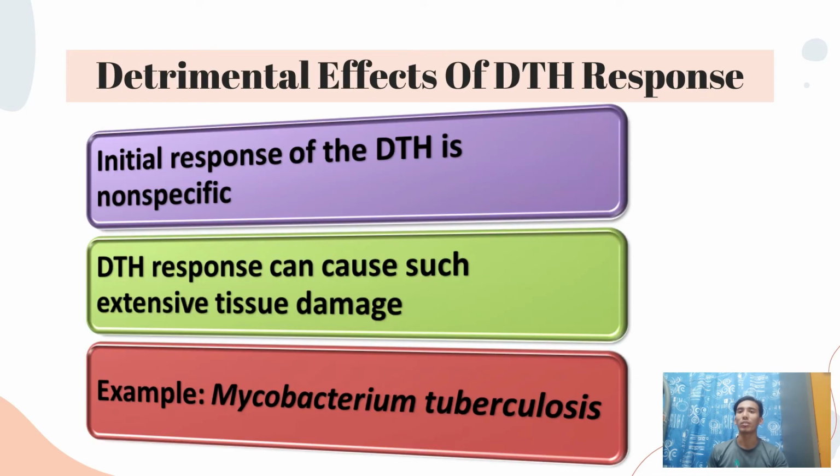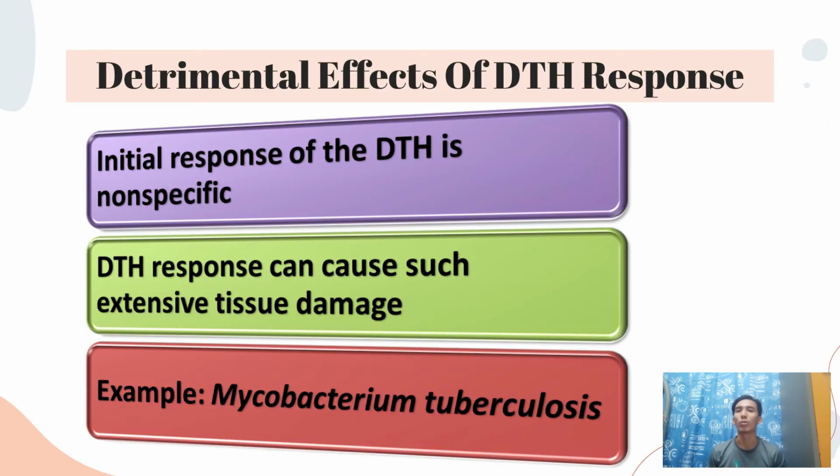And the last point is about the detrimental effect of the DTH response. The first point is that the initial response of the DTH is non-specific and often results in significant damage to healthy tissue. In some cases, a DTH response can cause such extensive tissue damage that the response itself is pathogenic.